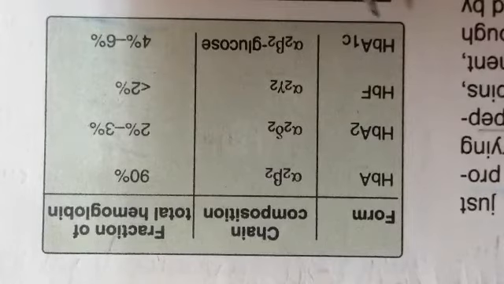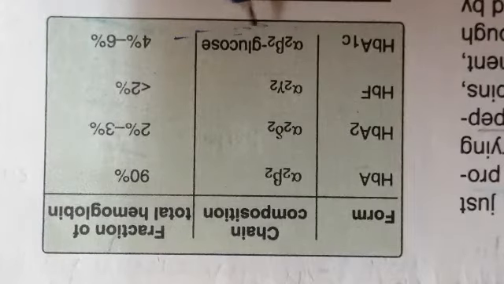Then coming to the special hemoglobin that is present only in the condition of diabetes or glycation. This is called hemoglobin A1C. That's a special name given to hemoglobin having alpha 2, beta 2 containing glucose. When two chains of the alpha and the beta combine with one another and one or two molecules of glucose combine with those chains, it is called hemoglobin A1C, or glycated hemoglobin.